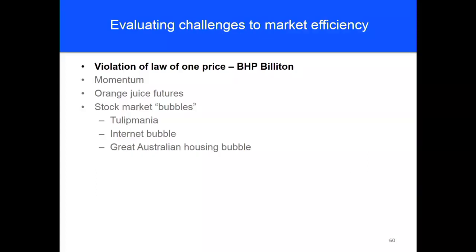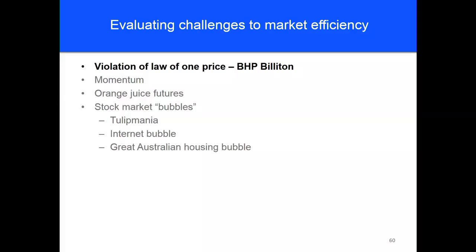So let's go to some examples of this. One is BHP. BHP Billiton has shares listed in Australia and in the UK. So there's a London listing and an Australian listing on the ASX. The same company, same board of directors, same dividends, same risk, same cash flows.